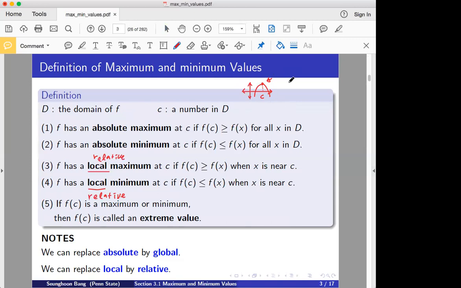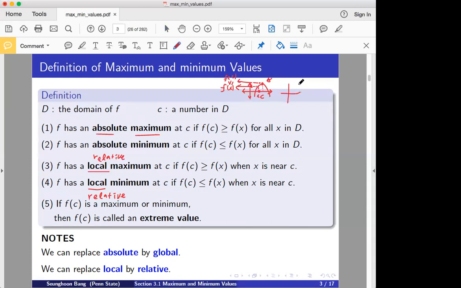Yes, this is an absolute maximum because you can choose any point x, find the function value f of x. The highest point is exactly f of c. So f of c is greater than or equal to f of x. We call it absolute maximum.